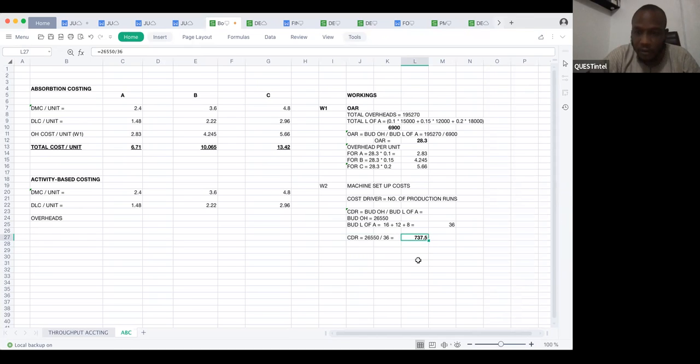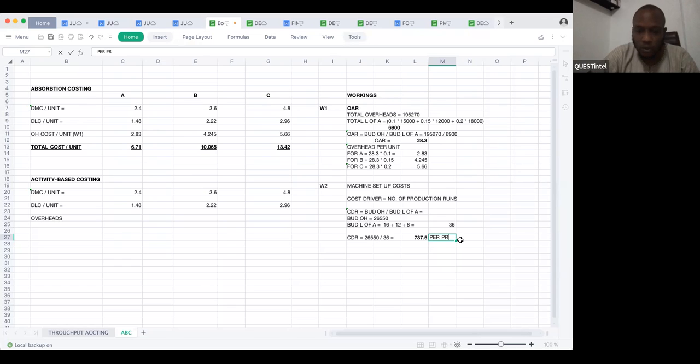So we have that. Now that's our cost driver rate. When you state this properly, it will give you a guide. So this is $737.5 per, what's that now?